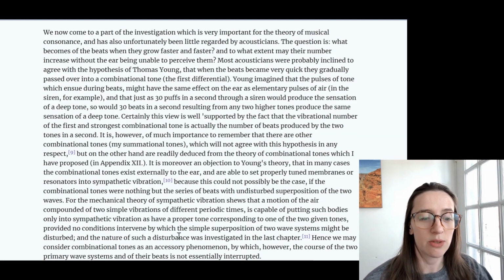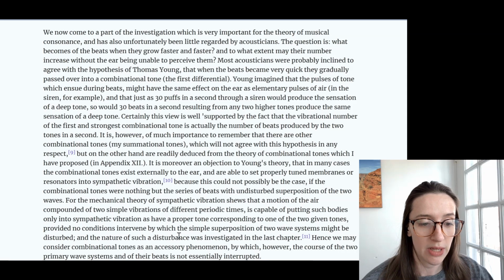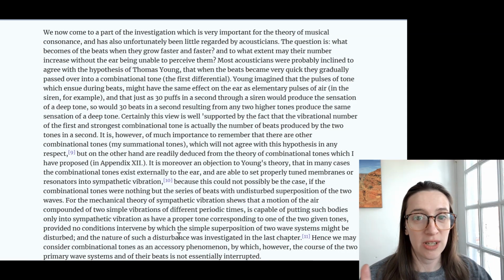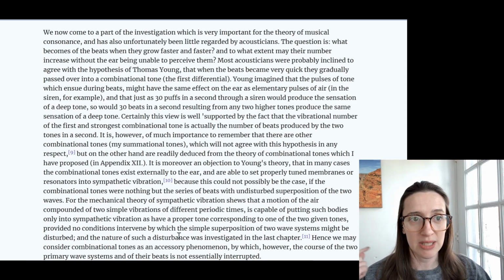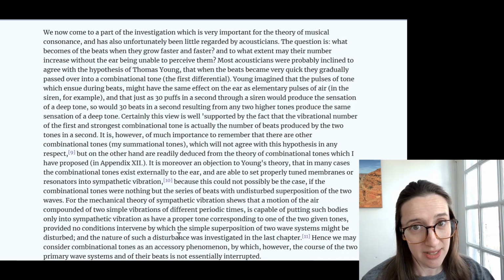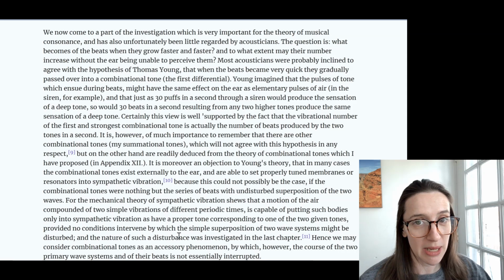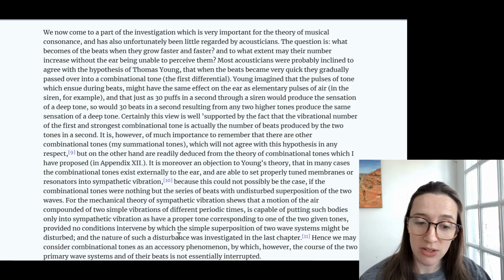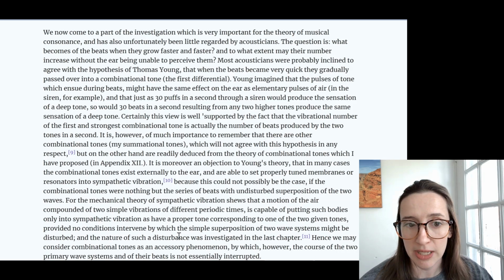Helmholtz disagrees with Thomas Young's hypothesis, which is that they gradually pass over into a combination tone, the first differential tone, 30 beats in a second being perceived as a tone of pitch number 30. But this does not agree with Helmholtz's summational tones and his assertion that differential tones exist external to the ear.